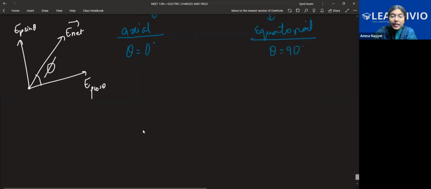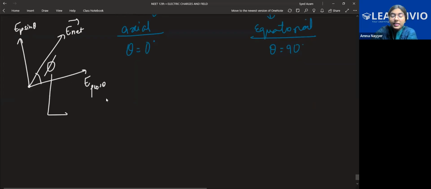You can be asked to calculate the value of this phi. See, this phi is different, theta is different. Theta is the angle that the dipole subtends at the origin, the full angle with which we began our resolution of vectors. This is different; this is the net angle.